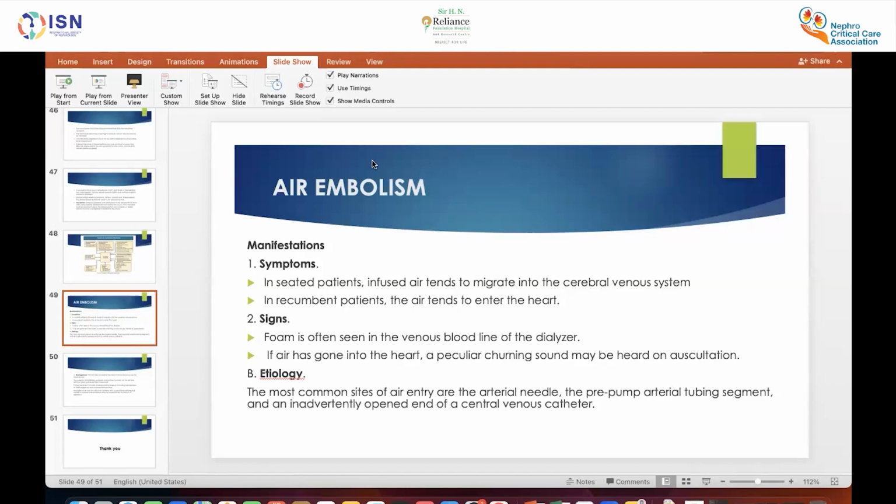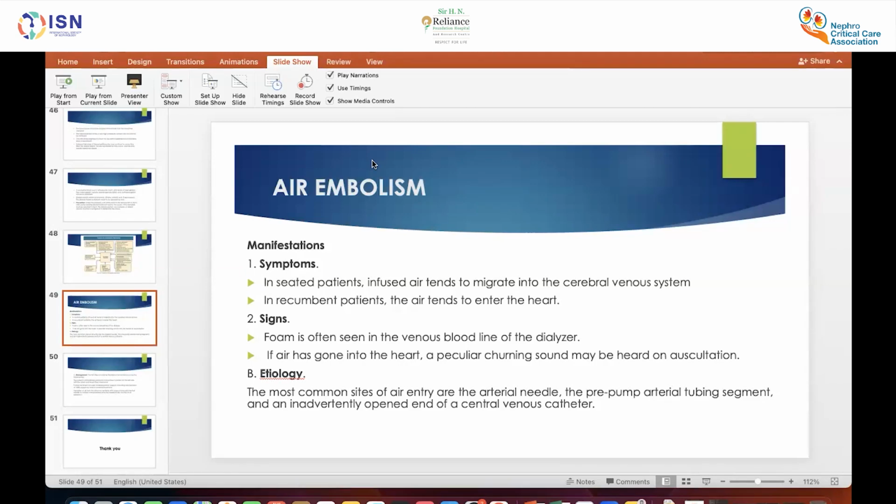What is more important in this scenario? If you are giving a bolus of saline into the venous system, through the tubing, it will be in the arterial system, correct?